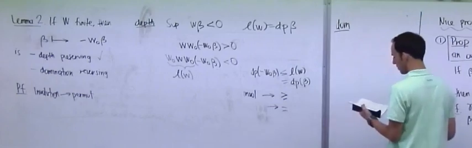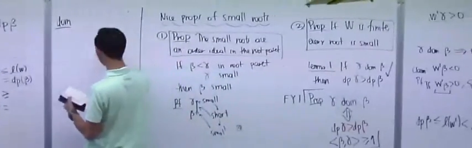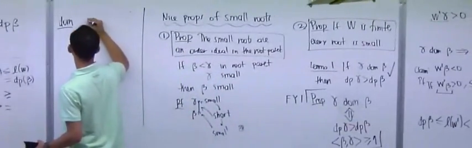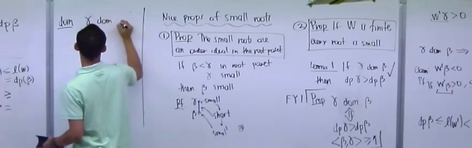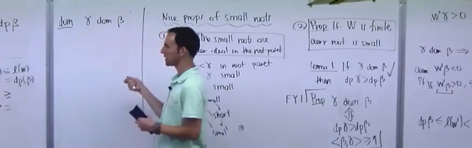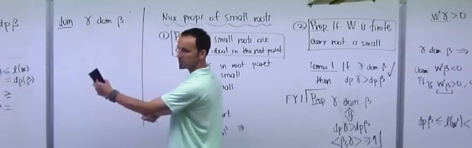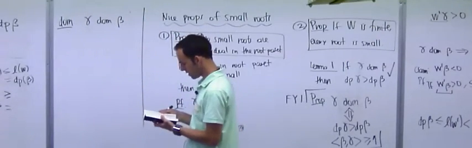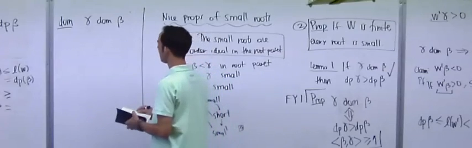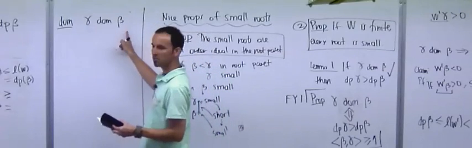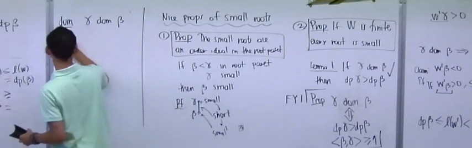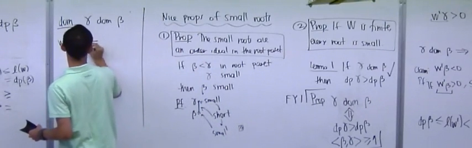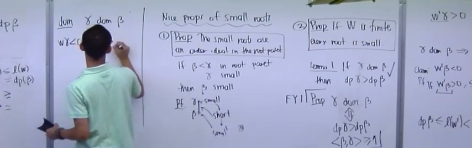So what does it mean to reverse domination? It means that you want to start with a domination relation, and you want to get to the opposite domination relation for the minus W naught times this thing. Okay. So what does it mean for gamma to dominate beta? It means that W gamma less than 0 implies W beta less than 0.